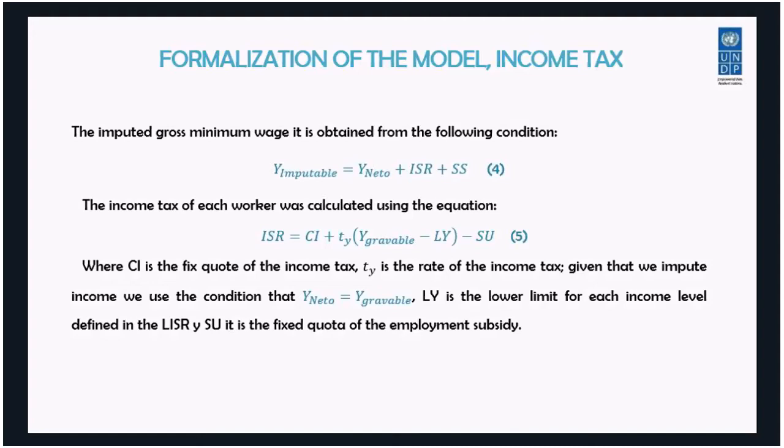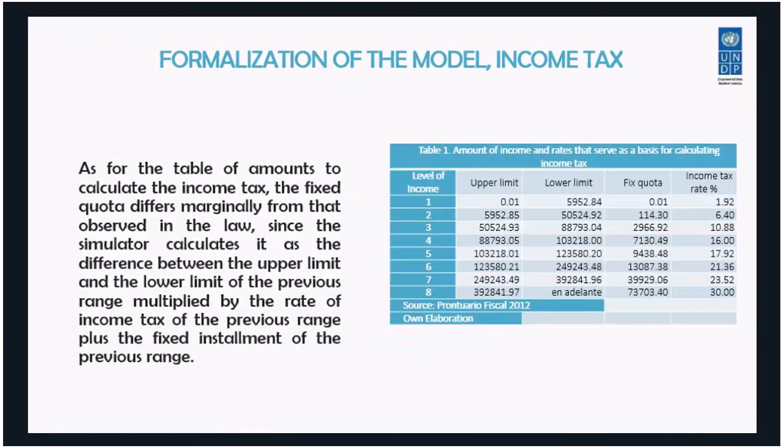And each fiscal component is a whole process in itself, for which, as I said, it could depend on quantities, on different prices, on contents of the products, on where you live, and on how much you earn. For instance, for the income tax, if you look at this table, this is an actual example for Mexico. Let's say that you are in the second level of income, in the second row.